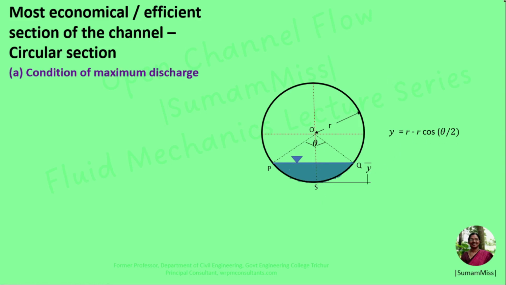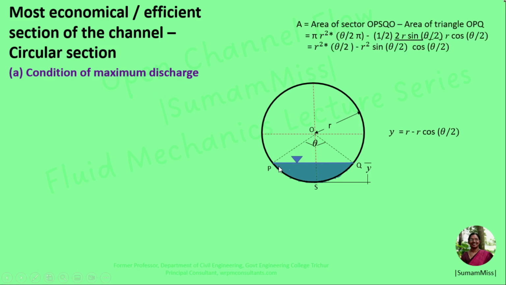First of all, we can derive the condition of maximum discharge. The flow area, that means this shaded area, is equal to the area of the sector OPSQO minus the area of the triangle OPQ.